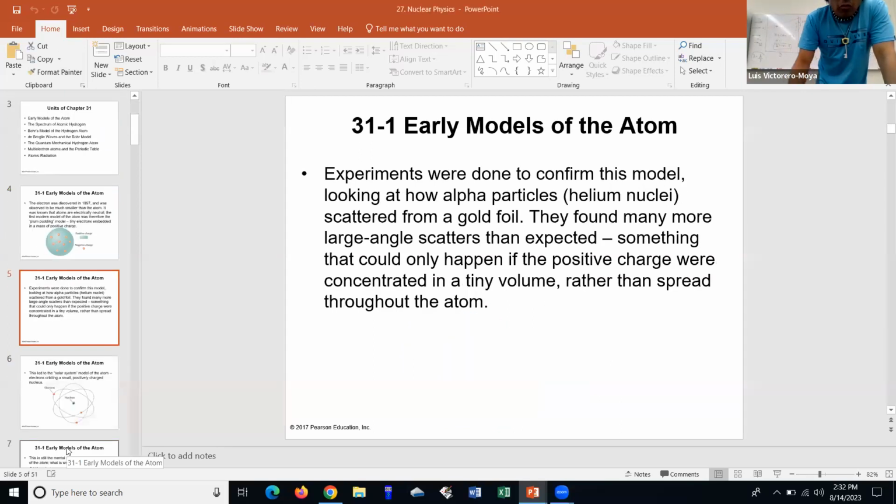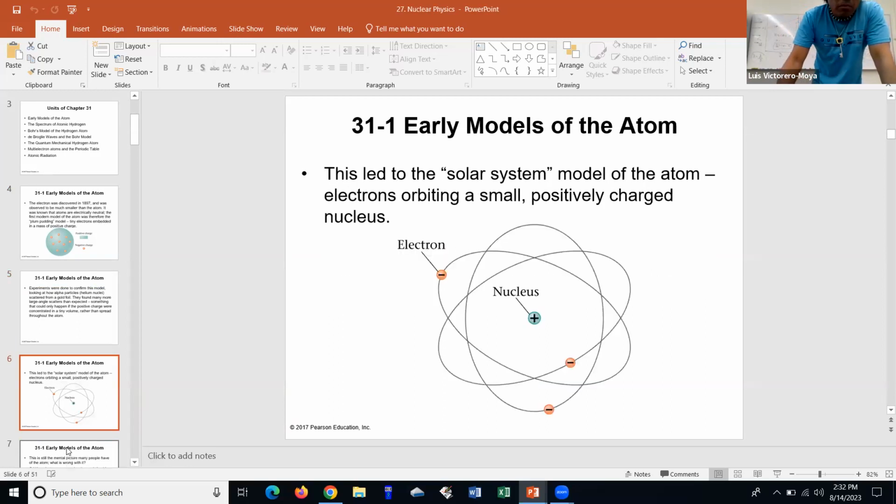That will be the Rutherford model, and later on the Rutherford-Bohr model of the atom that led us to this model that many of you have seen in high school, right? So this model was widely accepted because it was known as the solar system model.